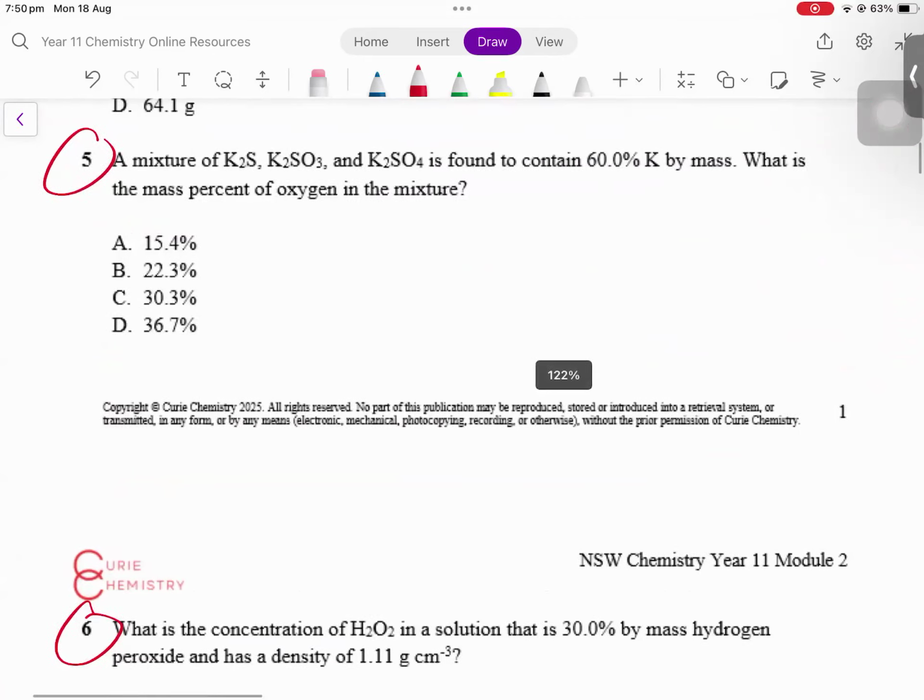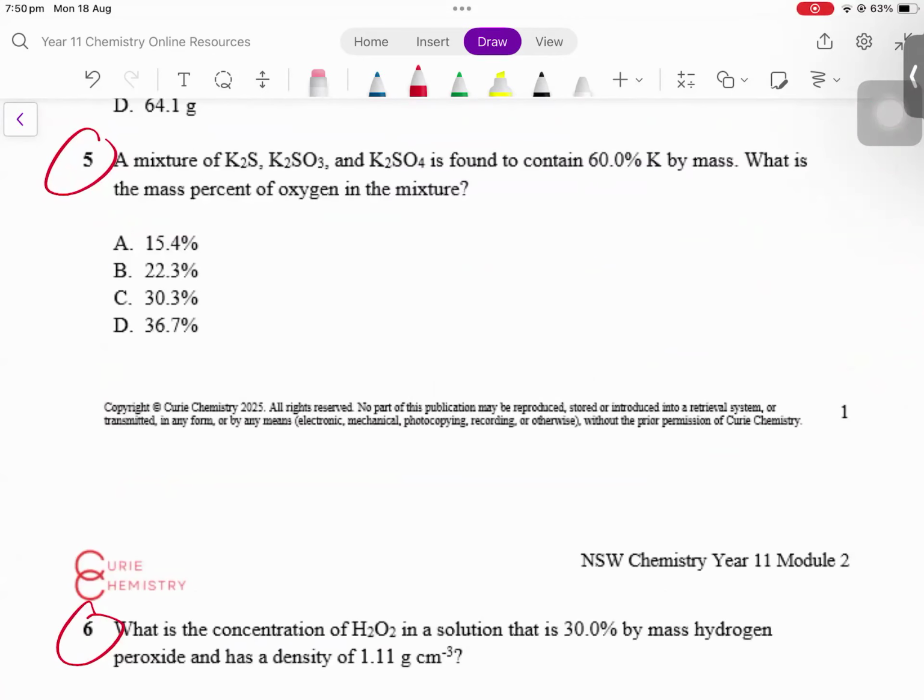Question 5. A mixture of K2S, K2SO3, and K2SO4 is found to contain 60% potassium by mass. What is the mass percentage of oxygen in the mixture? What did you learn from the previous question?